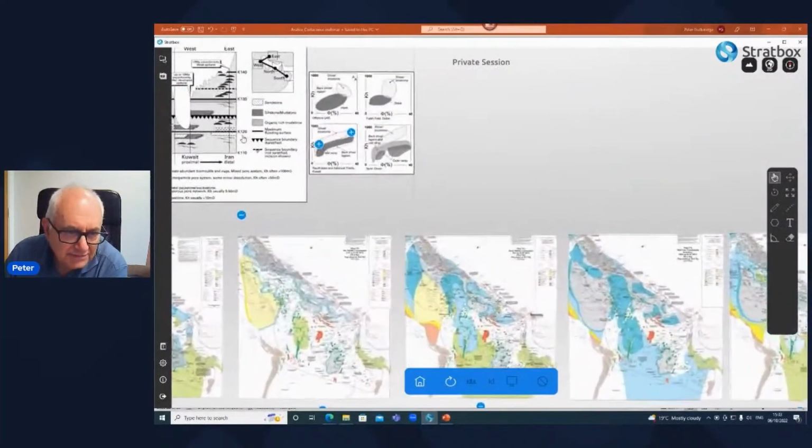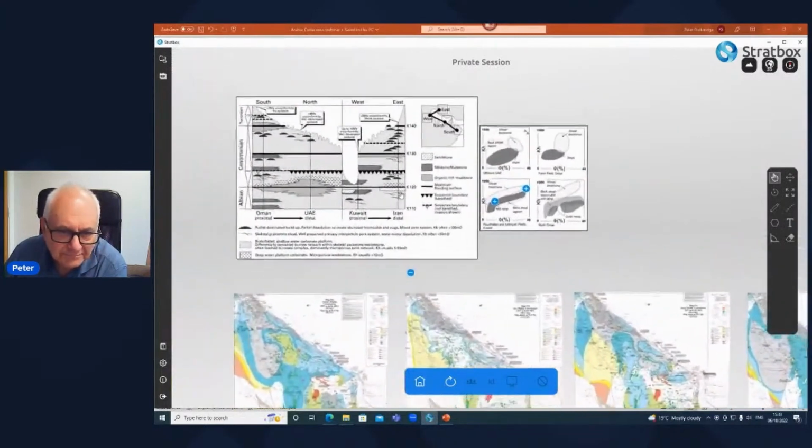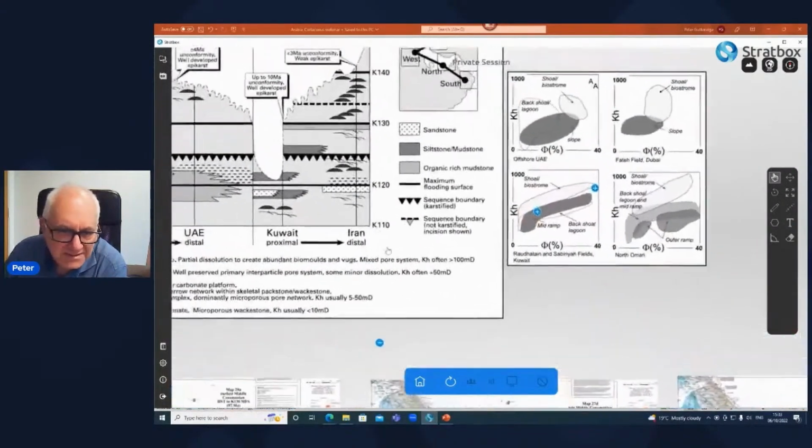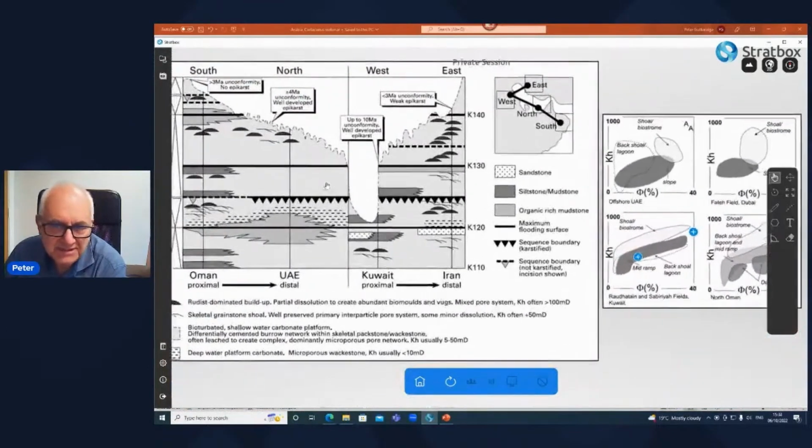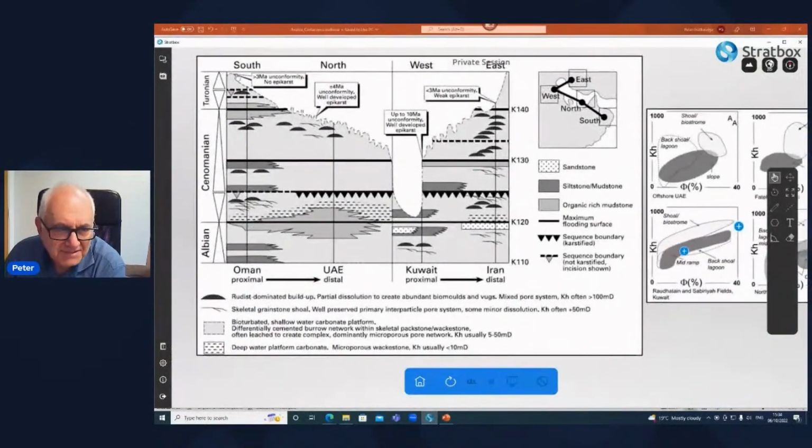Now, I'll start up here. This is a paper published by Kathy Hollis, who mapped the amount of erosion through the Gulf area, so Oman in the south, UAE through to Kuwait and Iran, showing that there was fairly major erosion in the central to northern part of the Arabian Gulf, decreasing to the south and to the east.